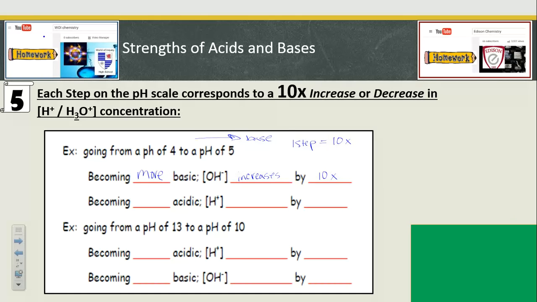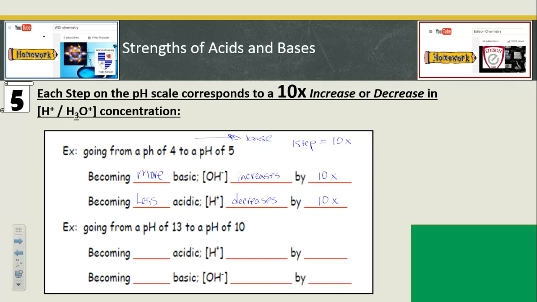Now, at the same time a solution becomes more basic, it becomes less acidic because you can't really have both at the same time. So the H plus concentration decreases by 10x.